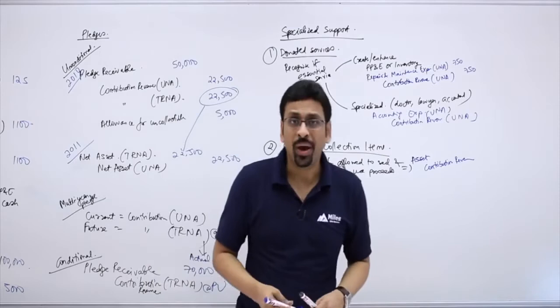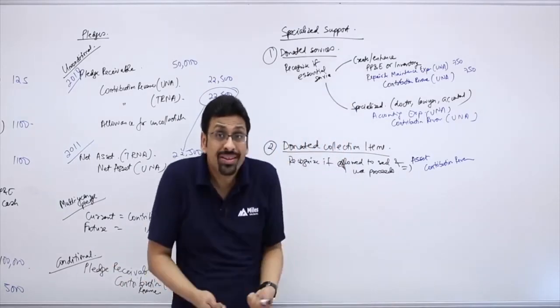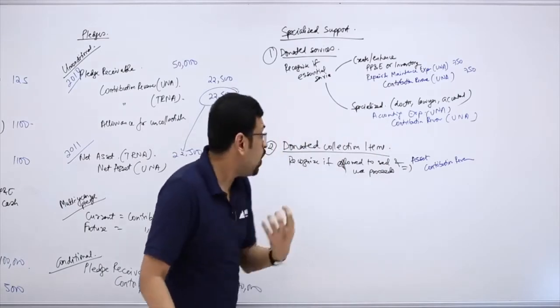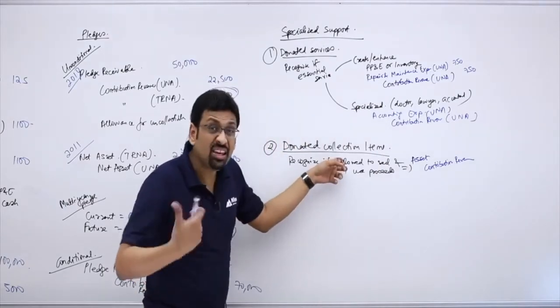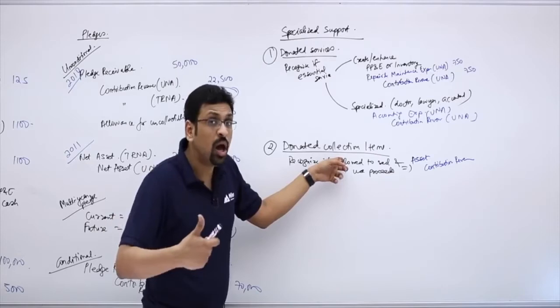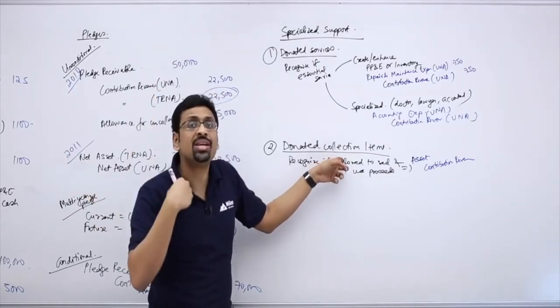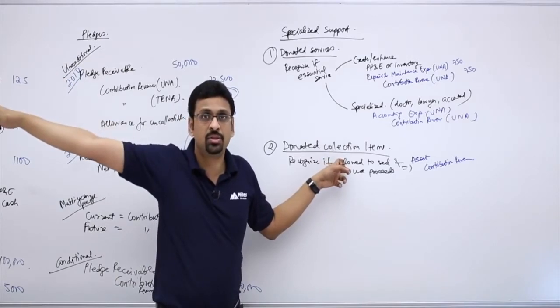But generally, when NPOs, let's say a museum, receive those collection items, they are not allowed to sell them. And even if they sell it, there's a requirement that the proceeds they're getting from the sale should be invested in other collectibles.